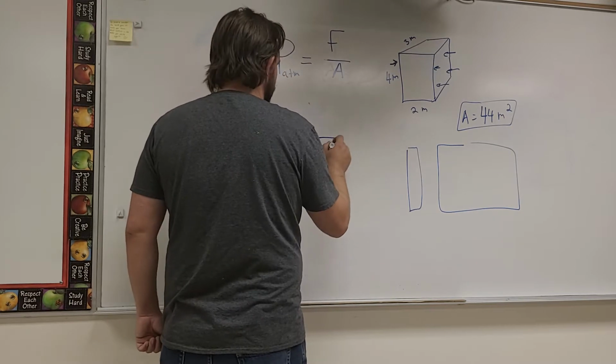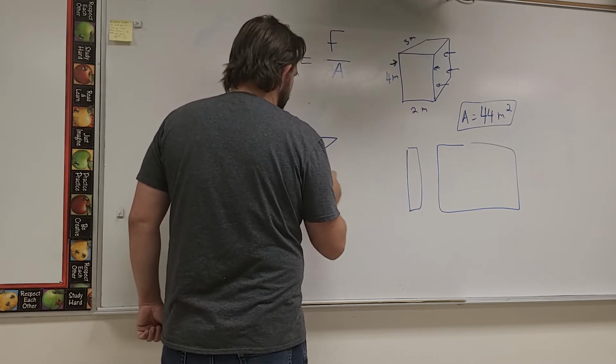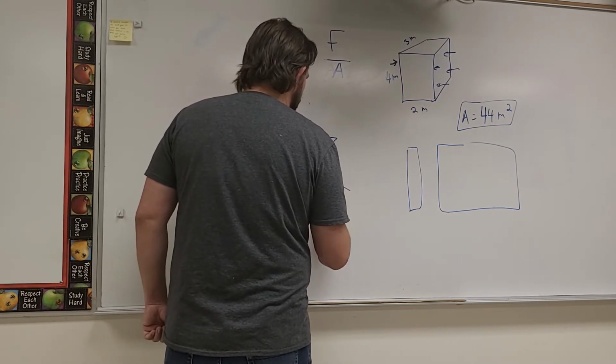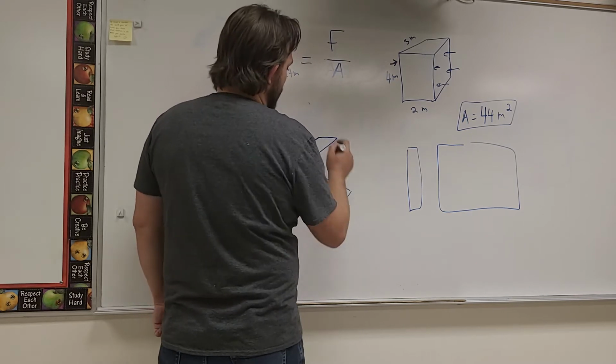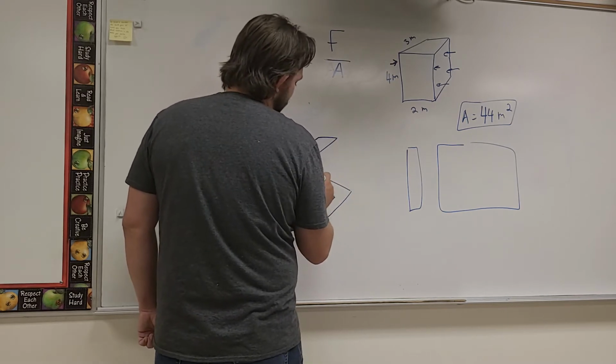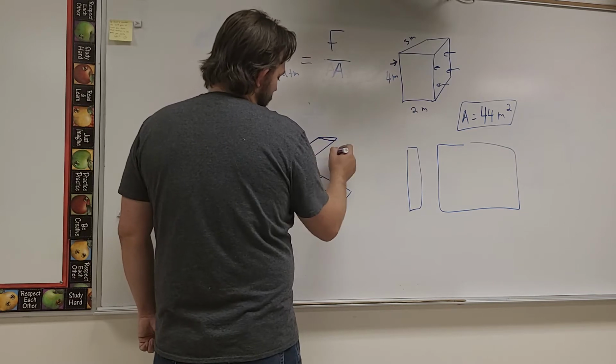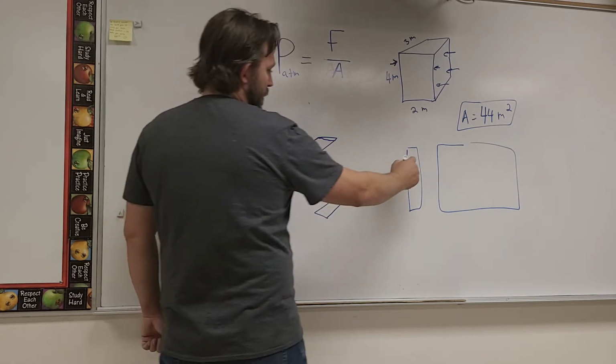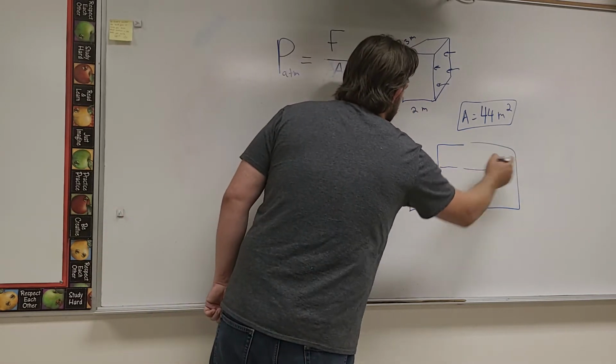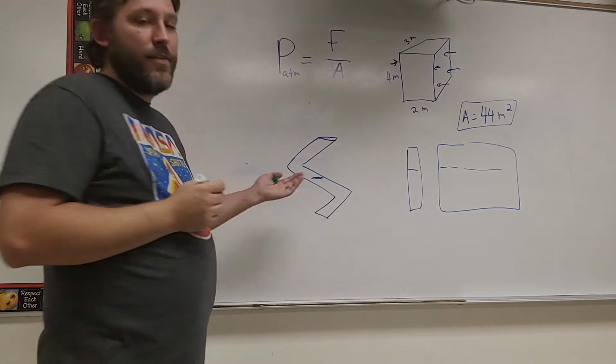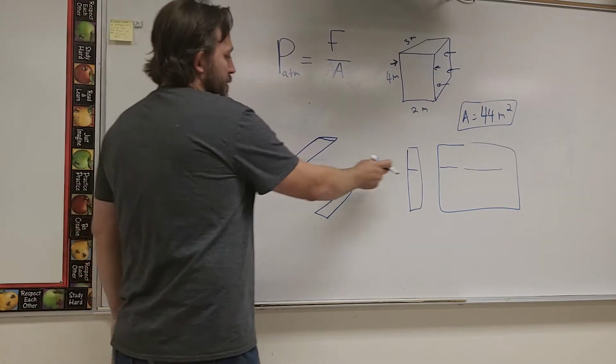We can go like this, and like this, and like this. Let's say this is full of water. We check the pressure here, here, and here in these fluids. We're going to find that they're the same in every single situation.